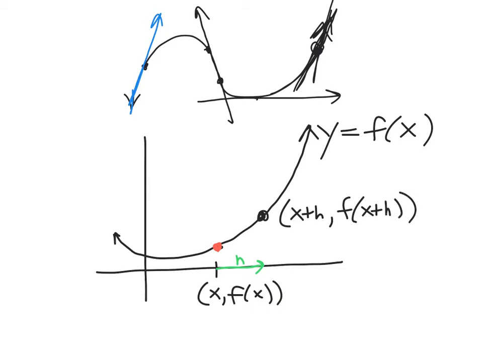Okay? And so what they do is they go ahead and they find the slope of that line. That red line that I just drew is not the tangent at that red point. This is called the secant line. I know that these are trig terms, but they're not really the trig terms.